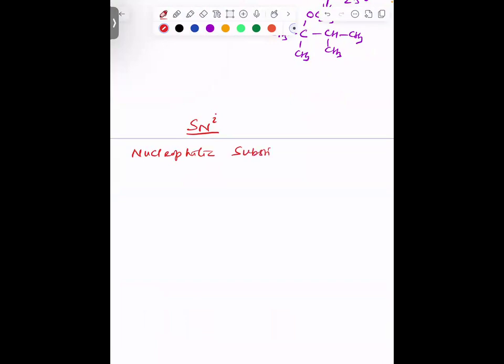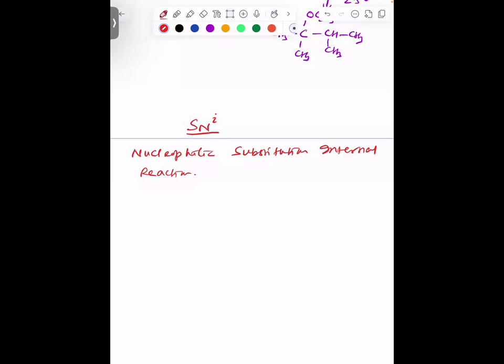Nucleophilic substitution internal reaction. Okay. So it is nucleophilic substitution internal reaction.